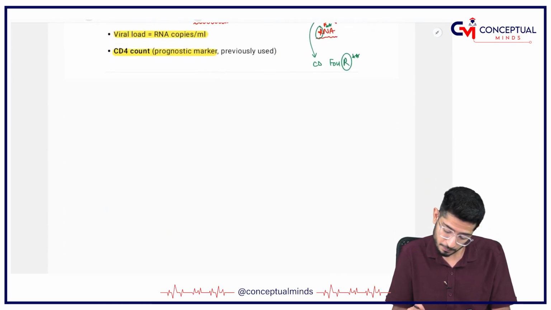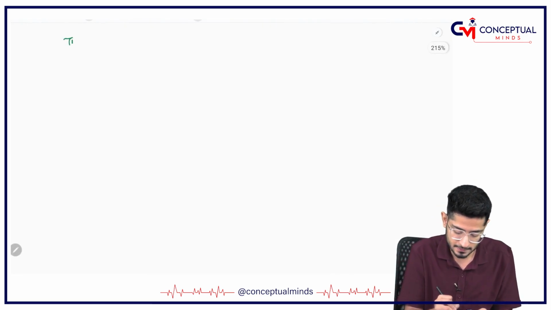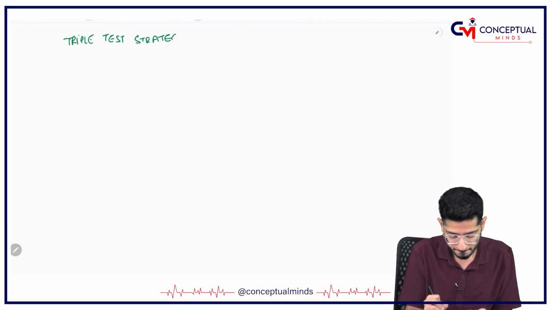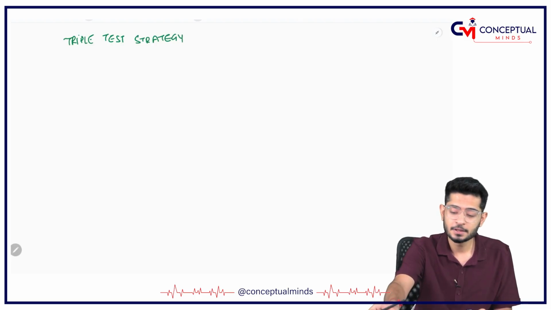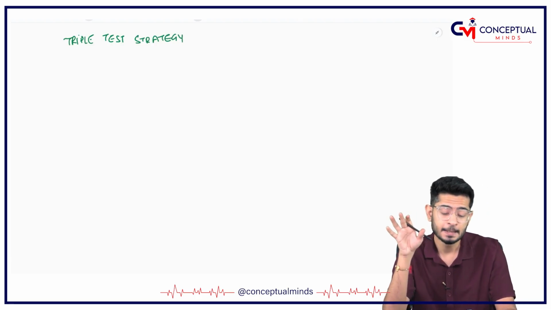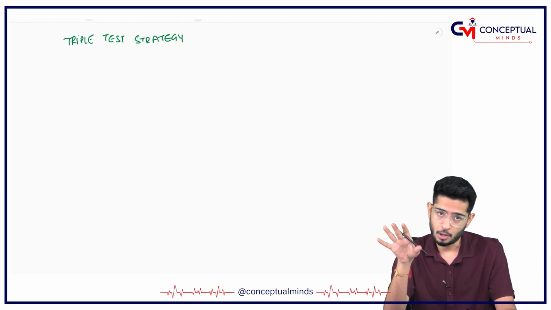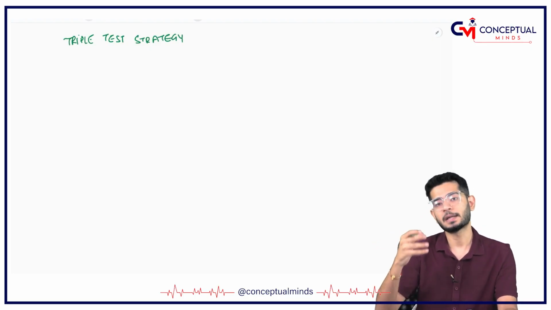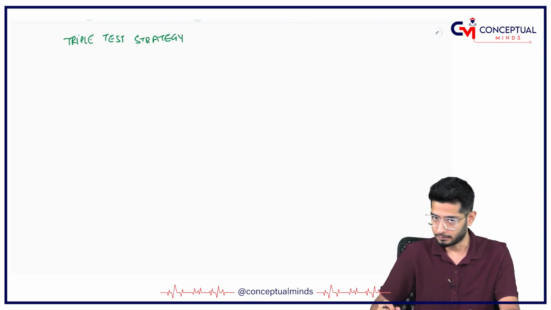Just the remaining one is the triple test strategy. What does this mean? Actually, the triple test strategy is really important nowadays, because this is how we are diagnosing HIV right now.